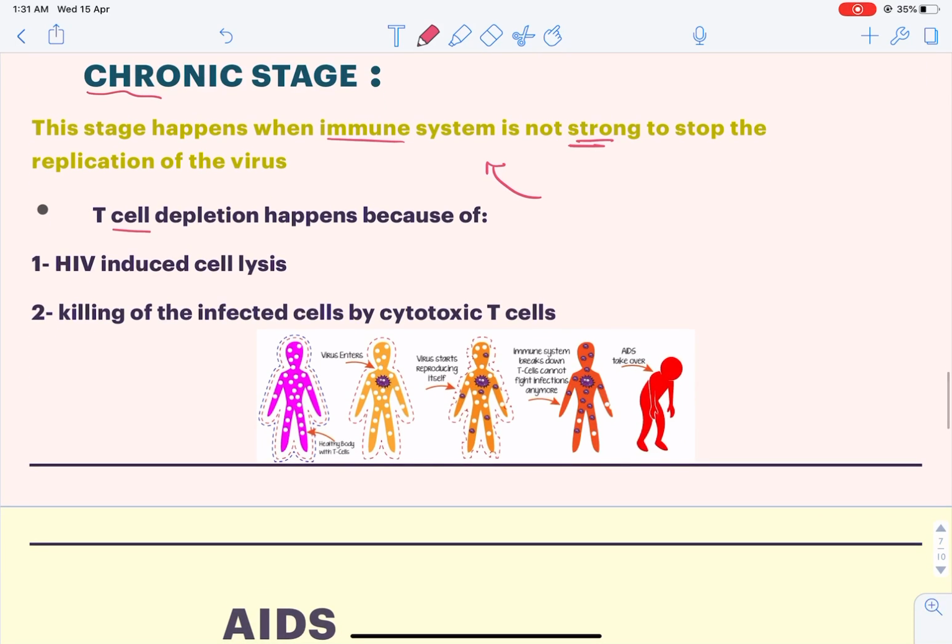Also, T cells deplete and reduce in number because of 2 things: because HIV induces cell lysis after it goes out of the cell, and also because of the cytotoxic T cells which kill the infected cells, which are T helper cells.